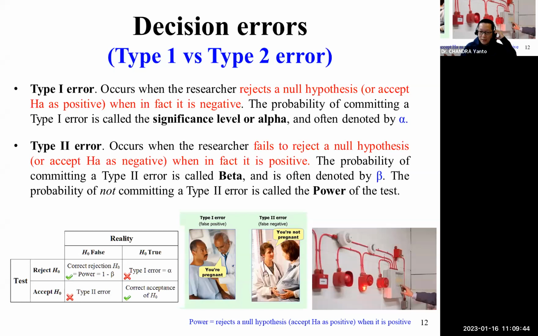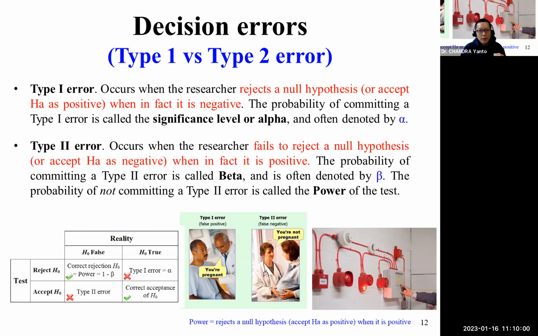People call it a false alarm. A false alarm means that we thought there is a fire, that's why it rings, but eventually there is no fire. So you can call this a type 1 error.